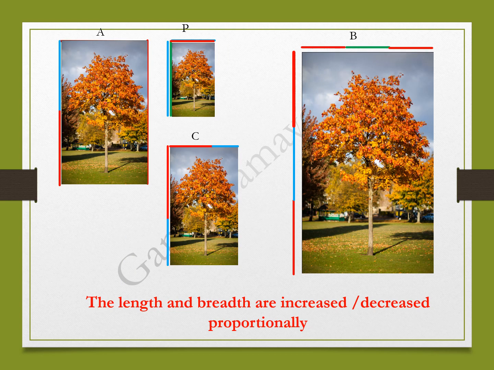Same thing happens when you observe pictures P and B. As compared to P, B is 3 times in length and 3 times in breadth. And as compared to P, the picture C is 1.5 times in length and 1.5 times in breadth. So this says that the length and breadth are increased or decreased proportionally.